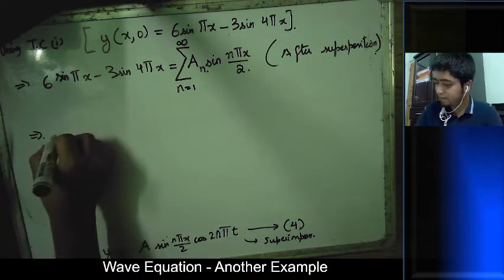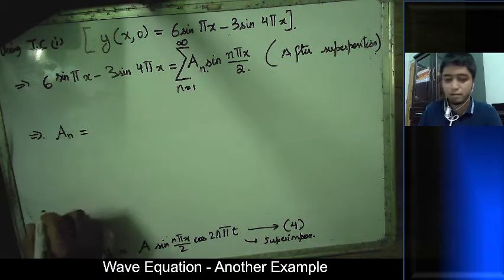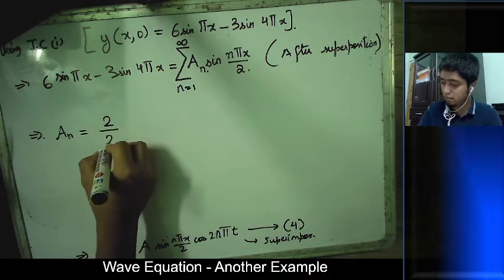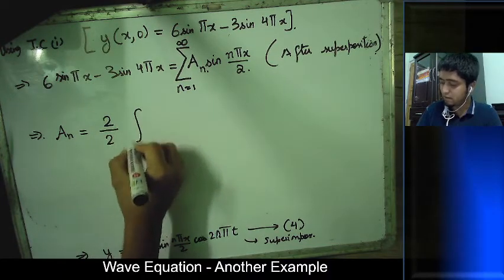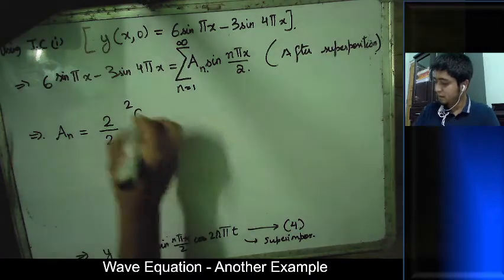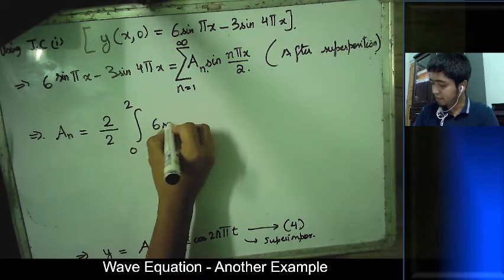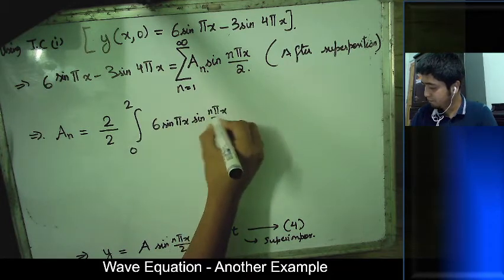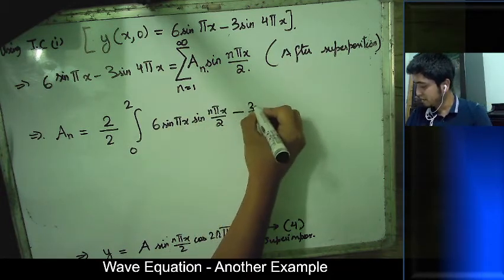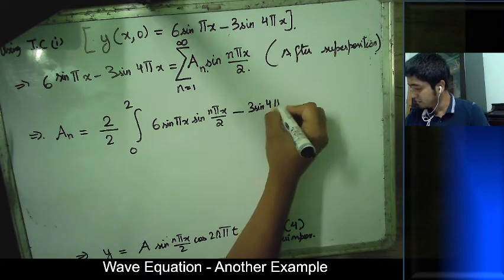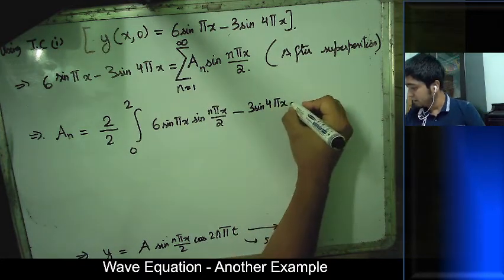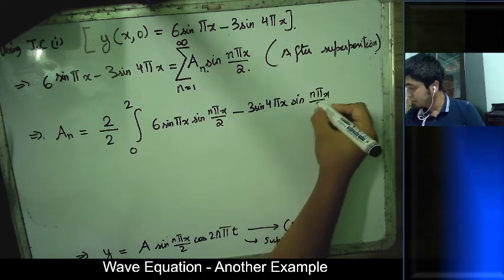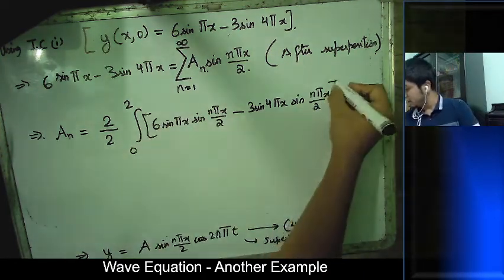So an will be equal to 2 by L. The length of the string over here is 2, integration 0 to L. So it will be 6 sine pi x sine n pi x by 2 minus 3 sine 4 pi x, and over here we'll be having sine n pi x by 2 dx.